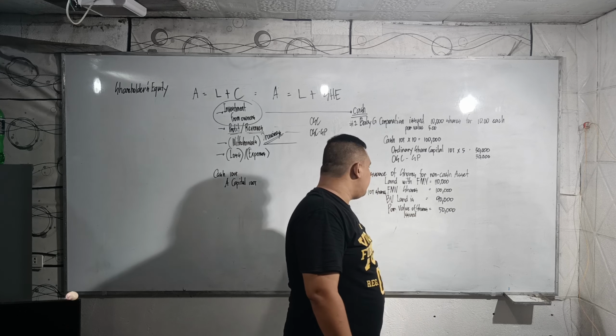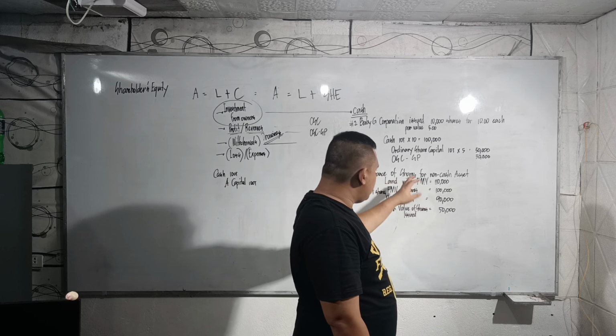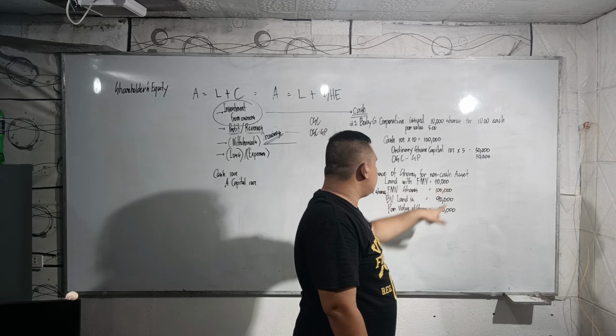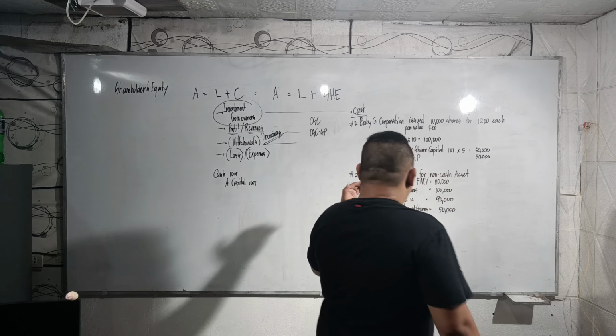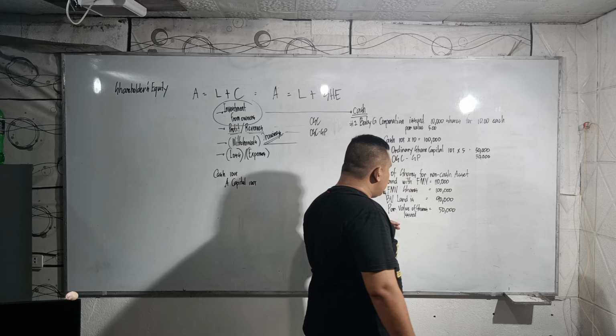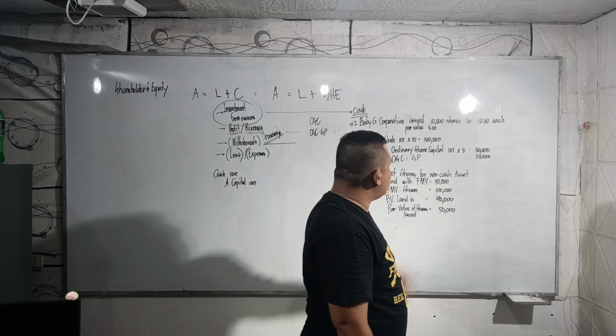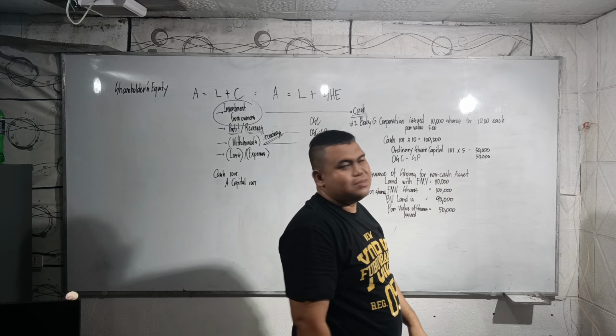You still have given 10,000 shares and here are the details. The land has a fair market value of 110,000. The book value is 90,000. The fair market value of the shares that you're giving is 100,000. The par value of the shares issued is 50,000. Copied from here. The question is, what will be the entry?